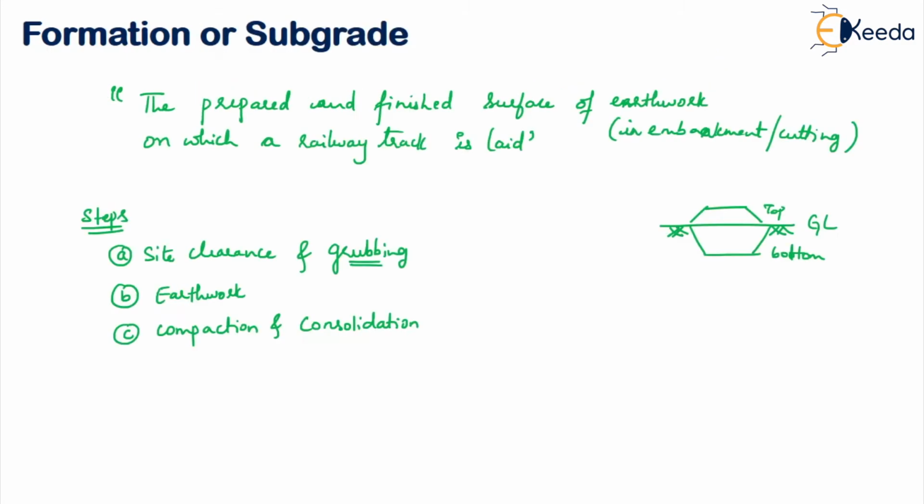The top width of a track embankment, or bottom width of cutting. If it is embankment, it is the top width, and if it is cutting, it is the bottom width.